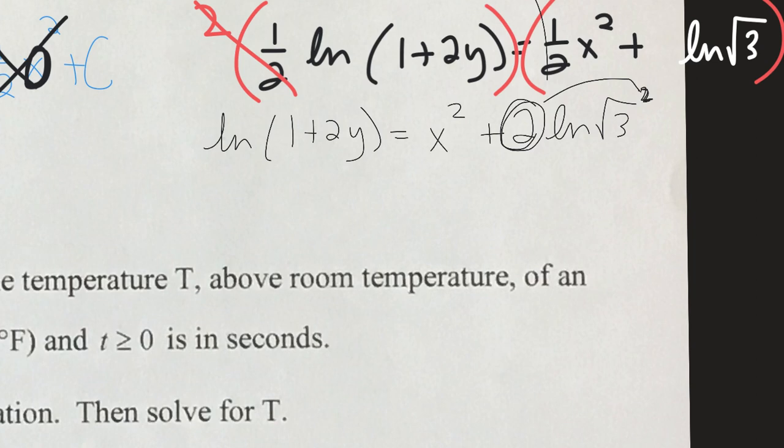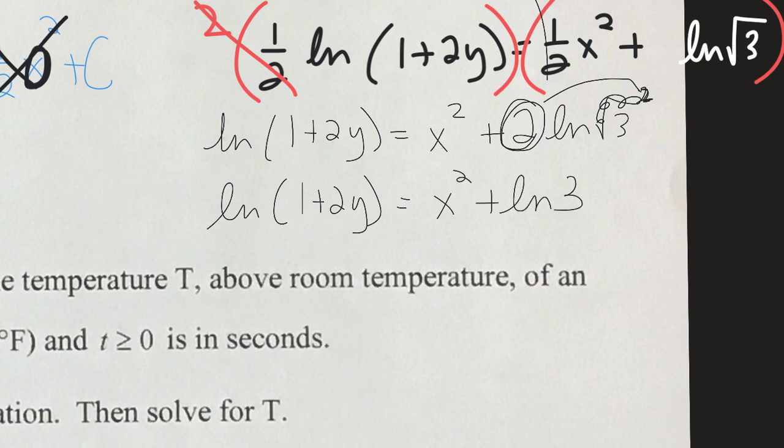We're going to square that, so the squaring and the rooting goes away. Excellent job. So ln of 1 plus 2y equals x squared plus ln of regular 3. The 2 as a multiplier becomes the power of your argument, and root 3 squared is just 3.